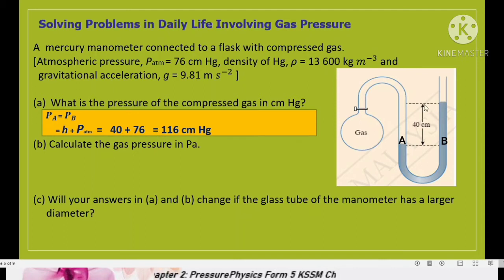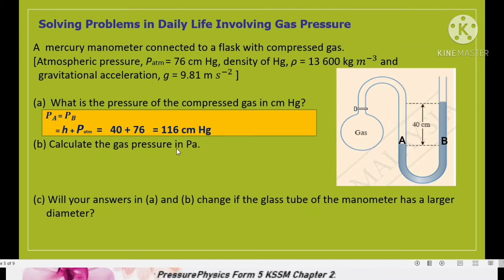This 40 cm is due to the mercury, and another 76 is caused by atmospheric pressure. So the total will become 116 centimeter mercury. This is the unit that can be used for a manometer which uses mercury. This is normally for high pressure of gas, so it is not suitable to use water. So we replace it with mercury.